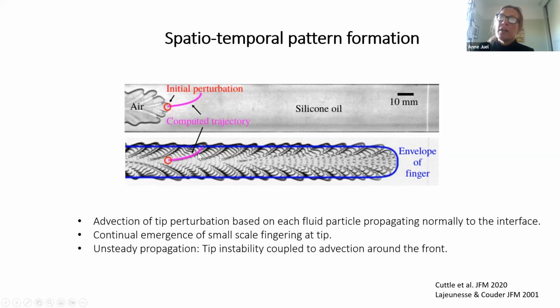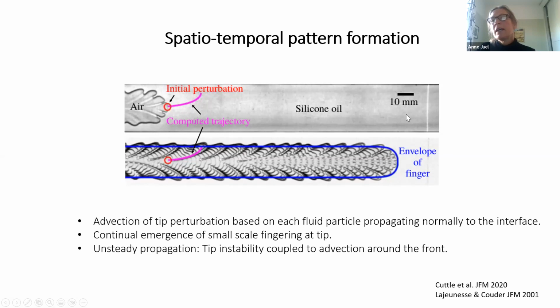And essentially you find that the computing trajectory corresponds very nicely with these sort of fjords that you find in the final pattern of the time sequence of the movie.